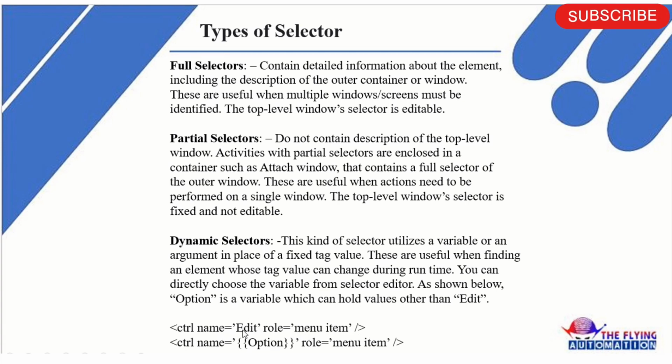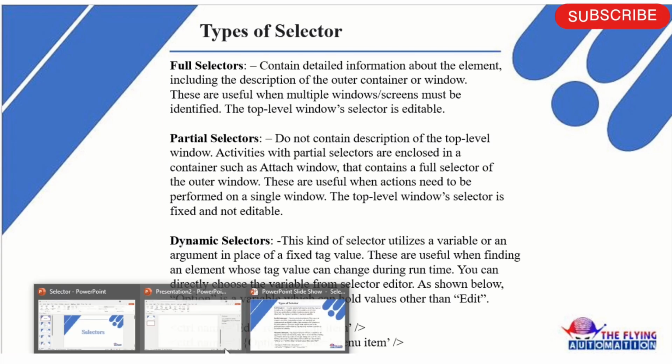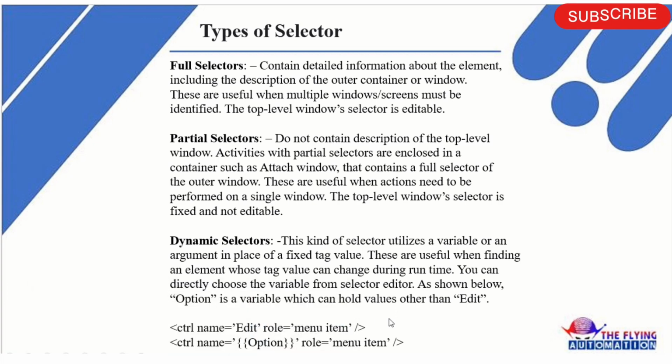So at the edit section we provide the variable, like if the edit is changing at runtime, we pass the variable here, and in the variable you can provide the value, multiple values. Using this we can make your dynamic selector.